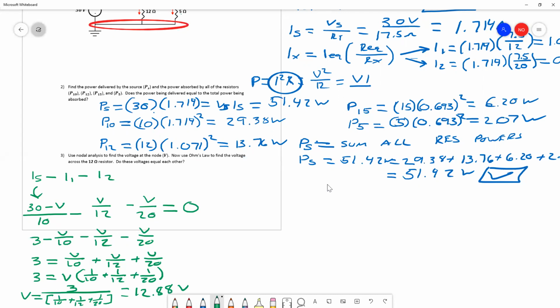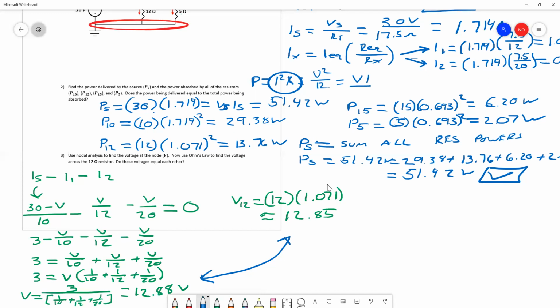Now, the next part of the question asks us to solve using Ohm's law. So Ohm's law on the 12 ohm resistor says that the voltage of the 12 ohm resistor is equal to 12 ohms times the current going through that resistor, which was I1. So that current was 1.071. And that gives us 12.85-ish, which are essentially the same.